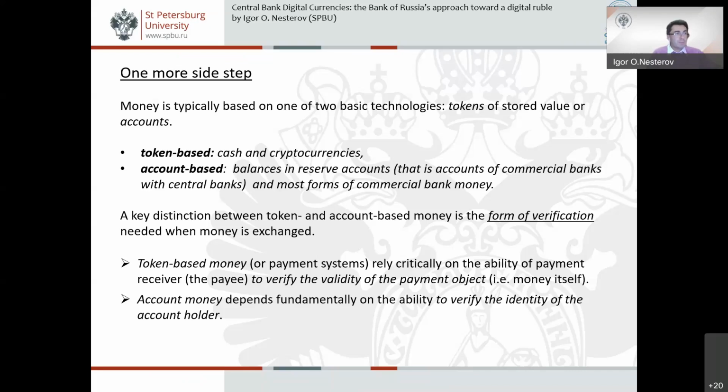So the key concern is the situation when criminals or hackers transfer or withdraw money from your accounts or your colleagues' accounts without permission of the account holder. That is unauthorized access to accounts. So that is the key distinction between token-based and account-based money.